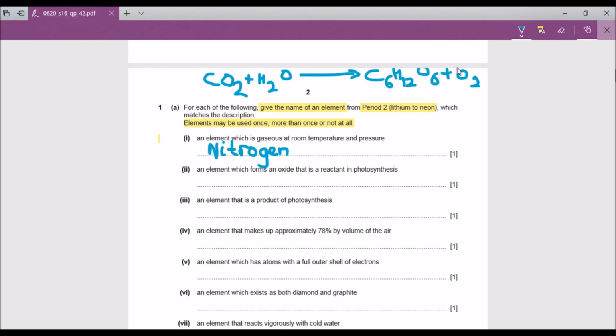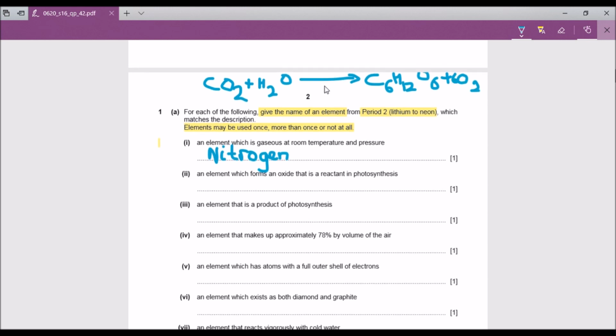Balancing this, you get 6CO2 plus 6H2O. That's glucose, that's obviously oxygen, that's carbon dioxide, and the one next to it is water.